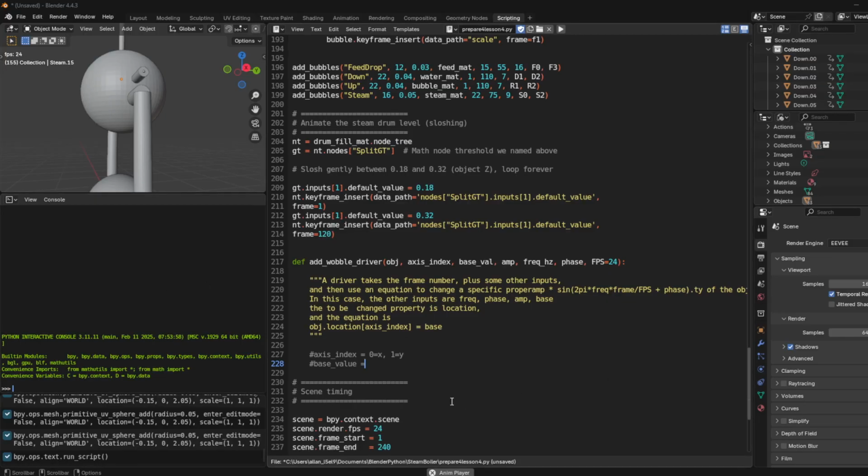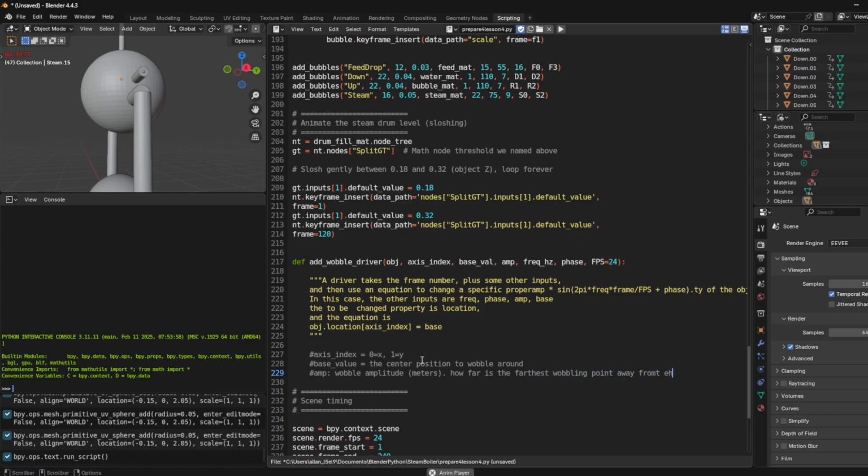Base value, I already said what it is: the center position to wobble around. Amplitude, wobble amplitude in meters, and I'm going to put parentheses around that. How far is the farthest wobbling point away from the base?